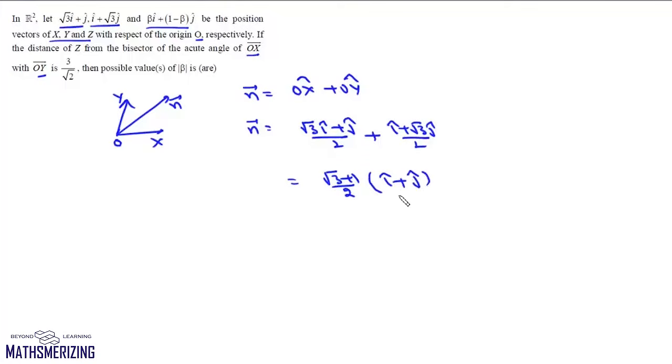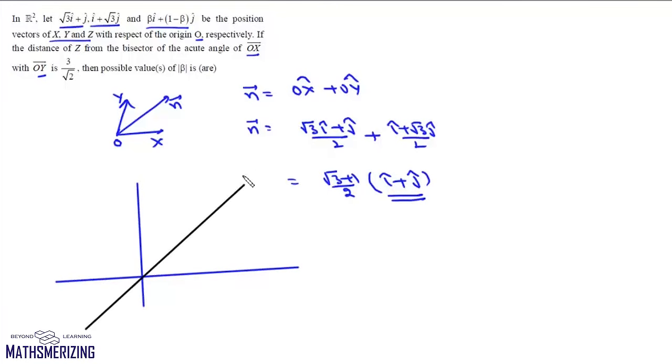So this angle bisector will be in the direction of the vector i plus j. So if we draw the coordinate plane, then this angle bisector will be along the line y equals x.